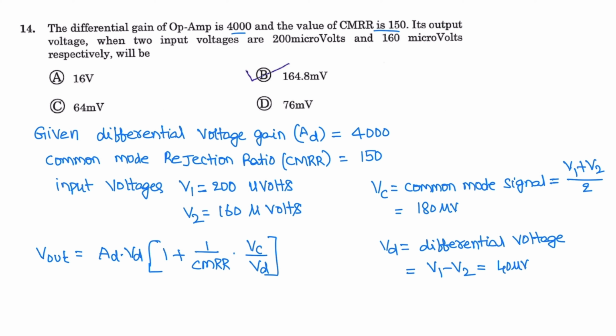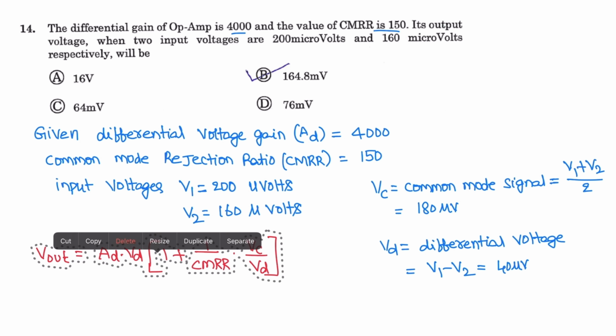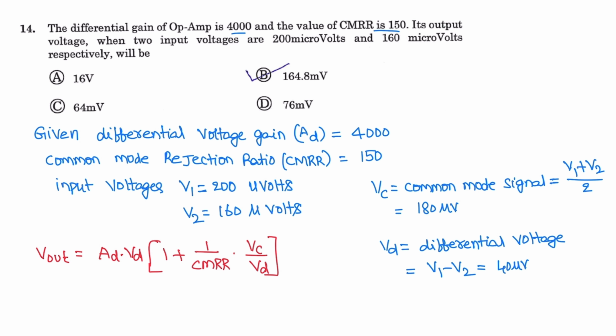This output voltage expression is given as Ad Vd into 1 plus 1 by CMRR, common mode rejection ratio, into Vc by Vd. So substitute the values given here. So that is differential gain Ad is 400 and differential voltage Vd is 40 into 10 power minus 6, 1 plus 1 by common mode rejection ratio, its value is 150, into Vc, common mode voltage, that is 180 microvolts by differential voltage 40 microvolts.